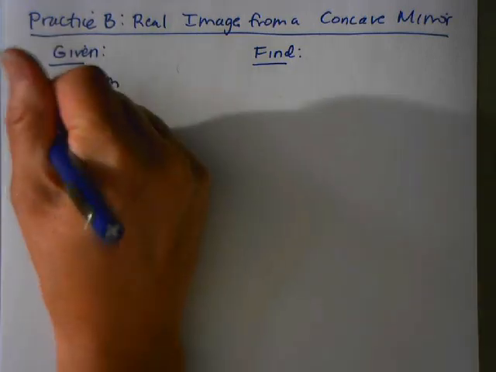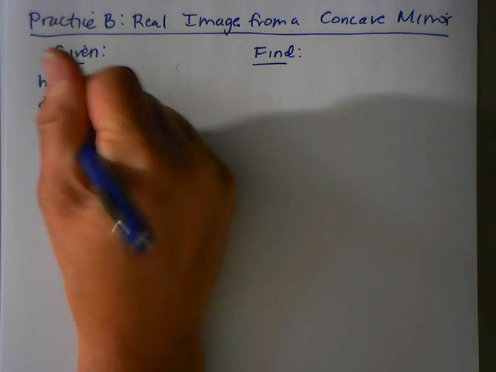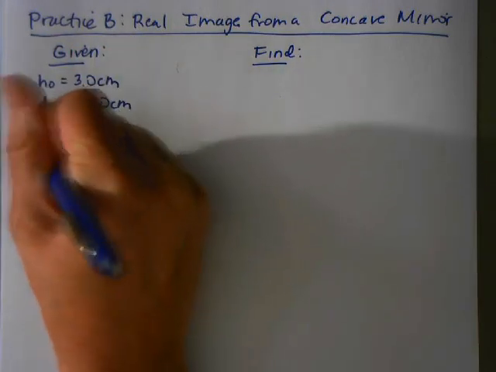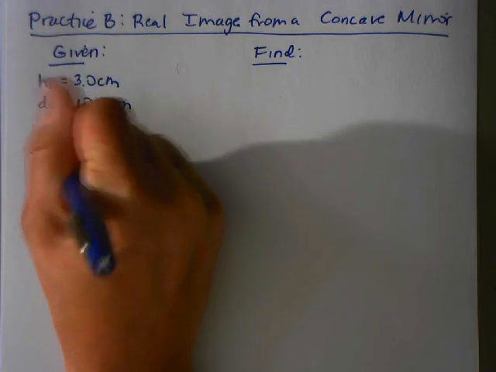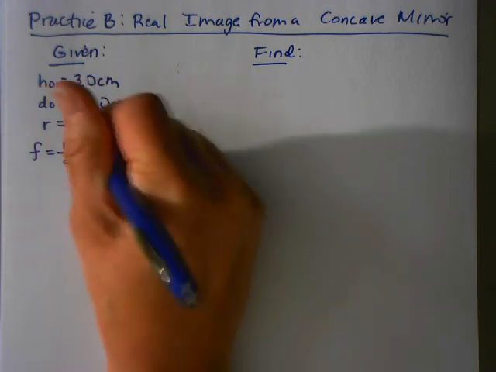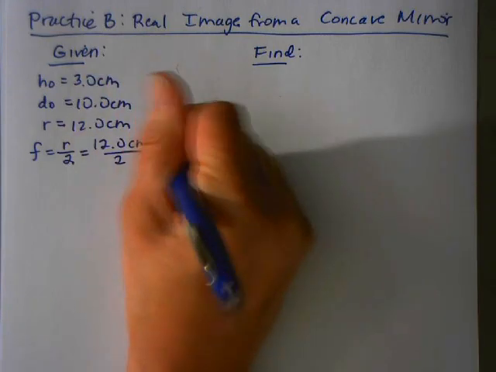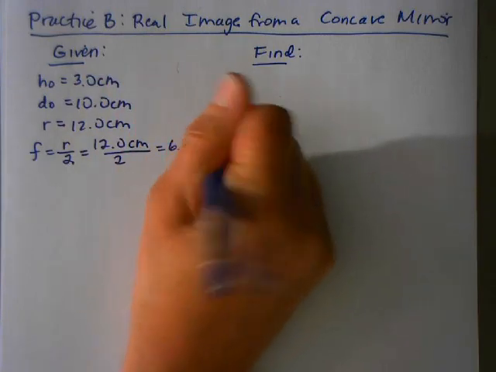So the radius of curvature is 12 centimeters. But what we have to know is that the focal length is the radius of curvature divided by 2. So 12 divided by 2 is 6 centimeters.